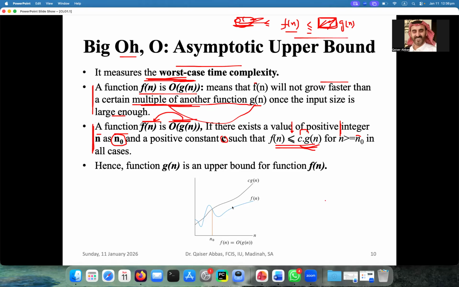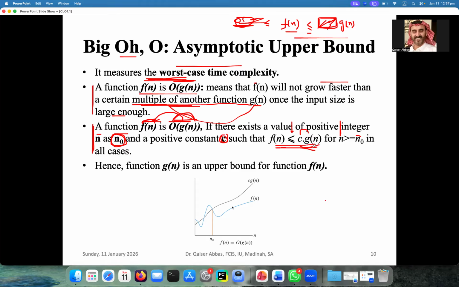What I am saying is that I can call this function big O of g of n, or order of g of n, only when I find two things: some initial point from the size of the input, n0, and some positive constant c.